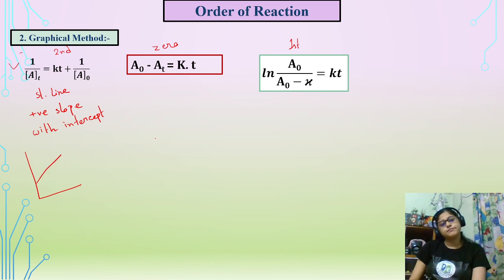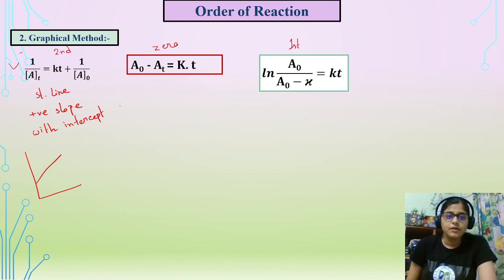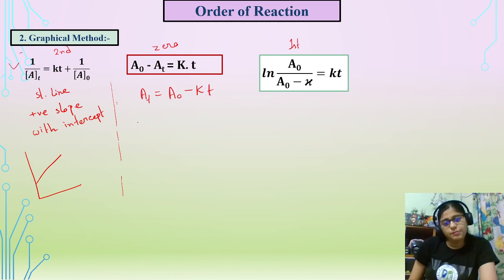Like this, right? Then for zero order reaction, here At will be A0 minus At, right?